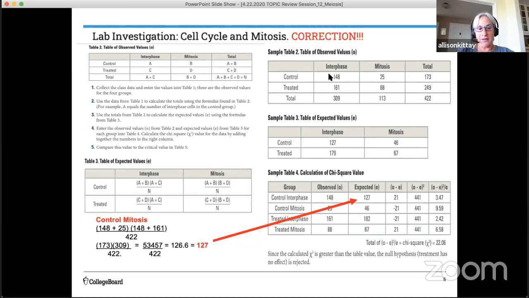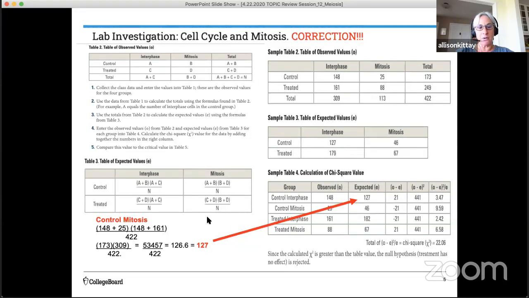We're going to add that to the value in cell B, and then we're going to multiply that by cell A, 148, added to cell C, which is 161, just below it. So you've got A, B, C, and D, and these are your total number of cells.